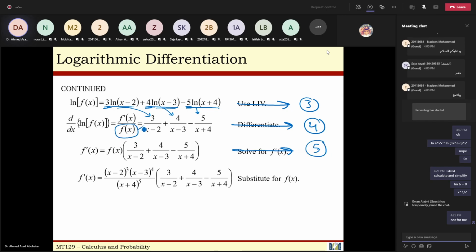Multiply f of x with these brackets to find f prime. This is number 5. Multiply the brackets with f of x. So this is the final result. So we have 5 steps only. Any question?